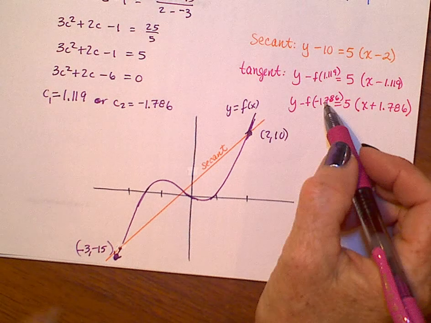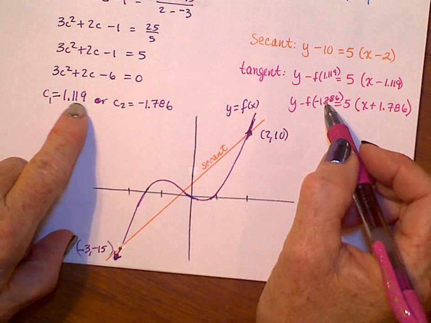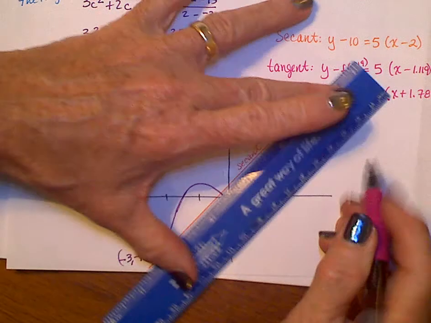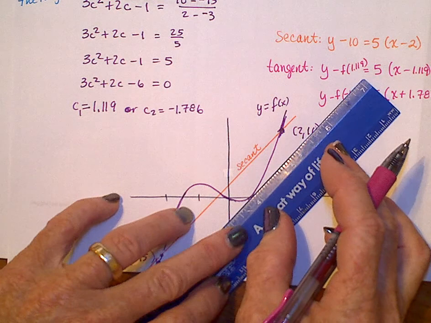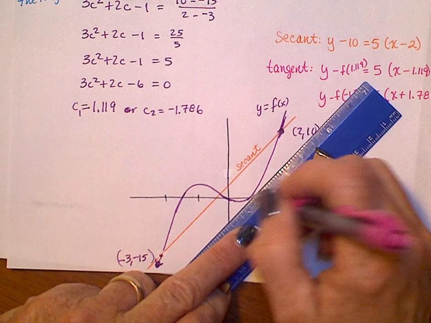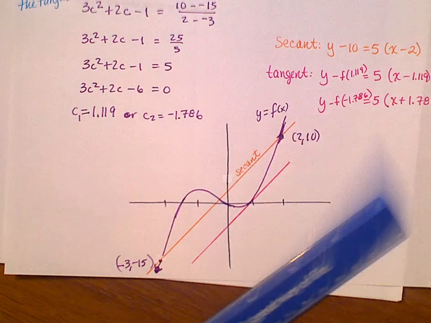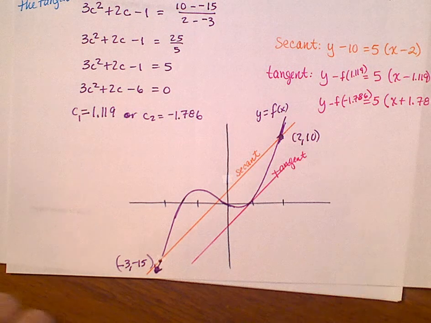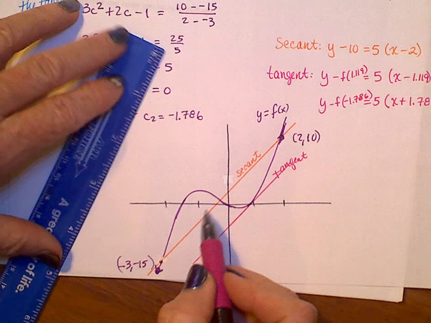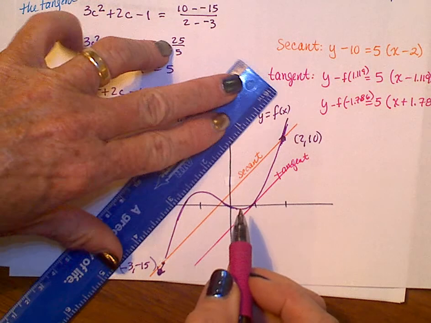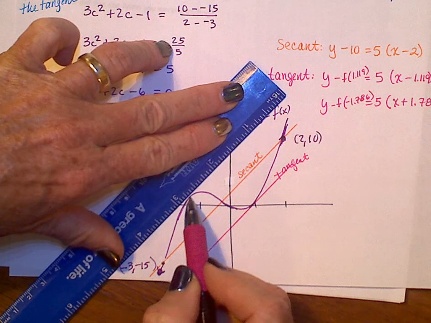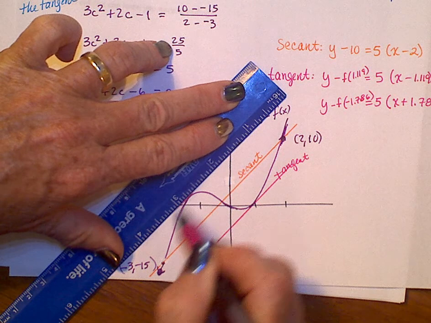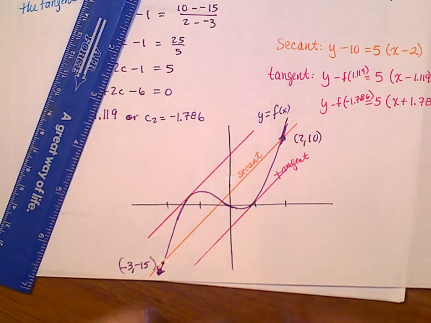One of them had an x value around 1.119, so a little bit past 1, so right over here somewhere. There's one tangent, and the other one, negative 1.786. Now it's going to be off just a little bit, I think, because I had to adjust this scale down here. I didn't leave enough room on my paper to draw this. But it's reasonably close. And here's the other tangent.